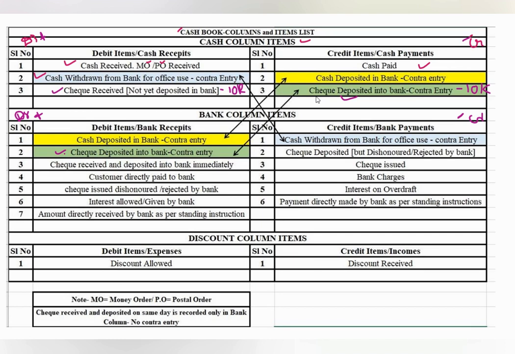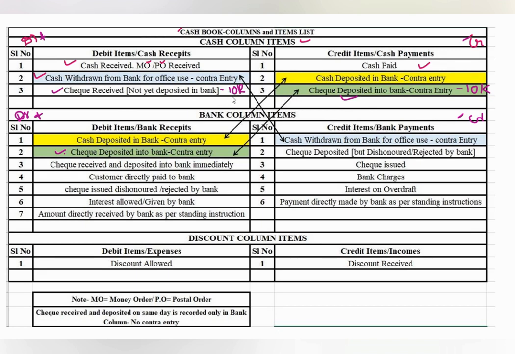Why is it credited? It is because the check which we recorded in the cash column for 10,000 rupees when we received it on 28th of November, now I cannot erase that entry just because I have deposited it into the bank.